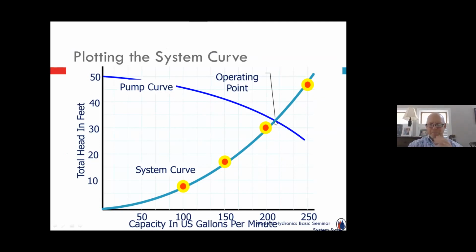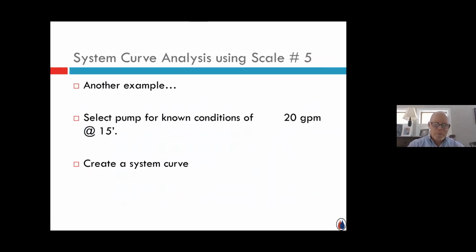So just let me apply real quickly one other example. This is something that we have done as far as providing a pump for someone that has an application where maybe the set of conditions that they're trying to achieve aren't landing exactly on that curve. What happens? So the conditions are this: 20 gallons a minute at 15 feet of head.